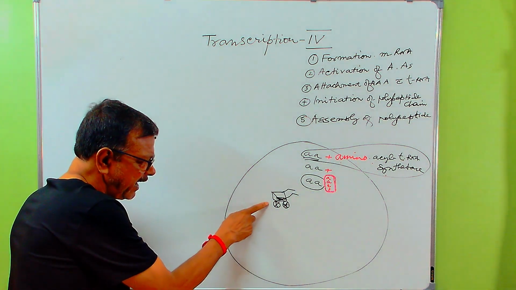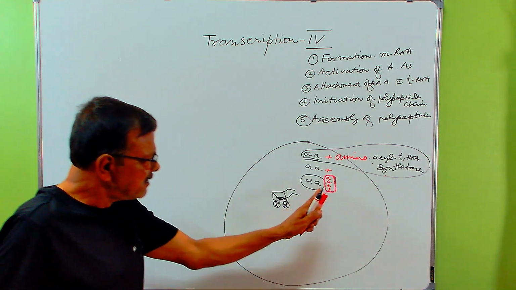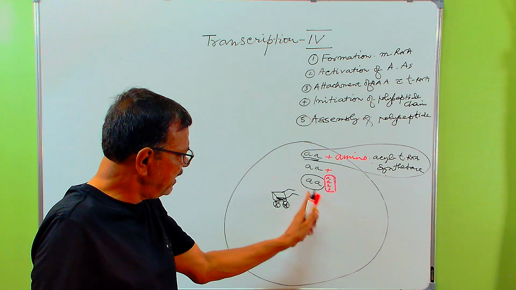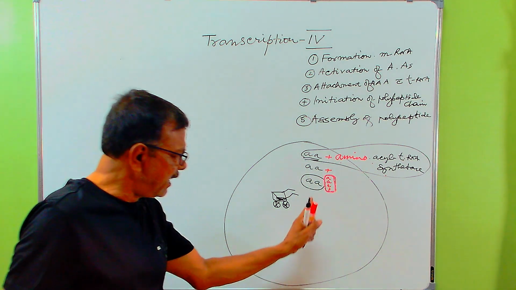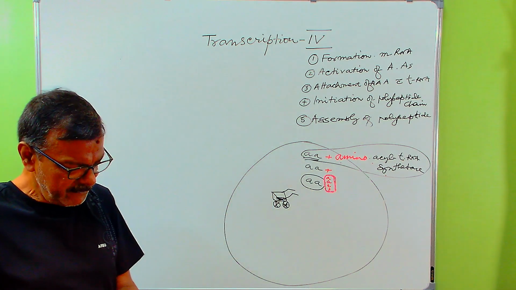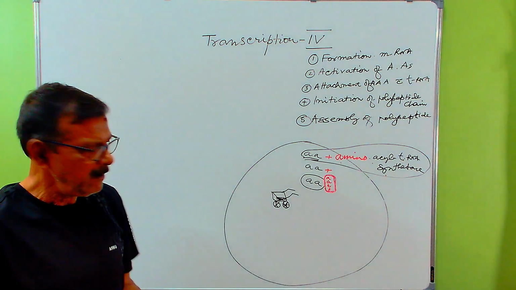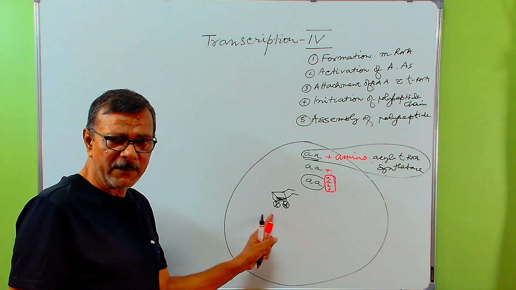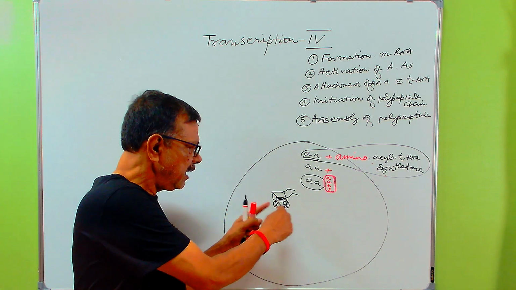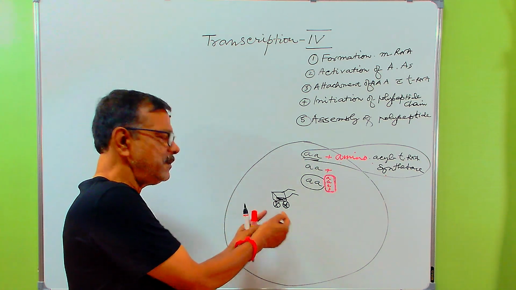And it will carry this to the ribosome. So here what happens? The same enzyme, amino acid tRNA synthetase, remains tightly attached with the amino acid, and it comes to the specific tRNA. Suppose this amino acid is alanine, so this tRNA should have the capacity to take alanine, because alanine is much bigger in size, and proline is smaller in size.